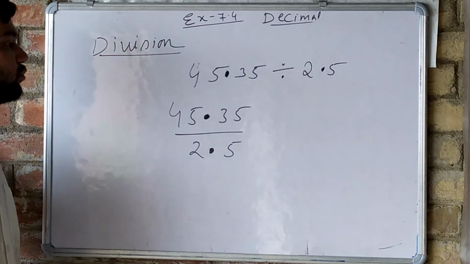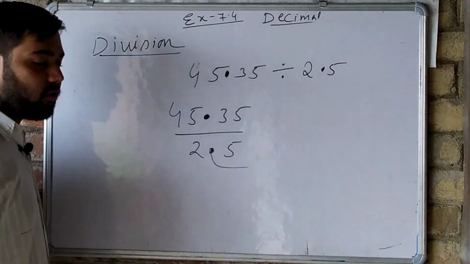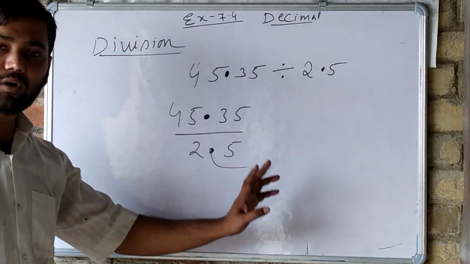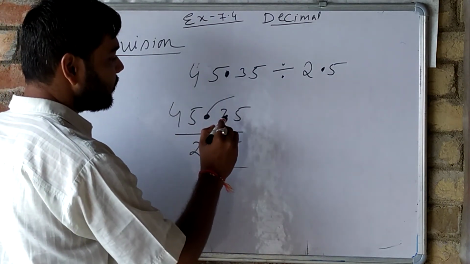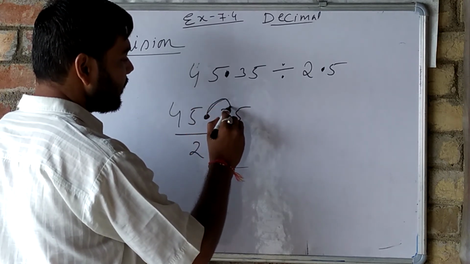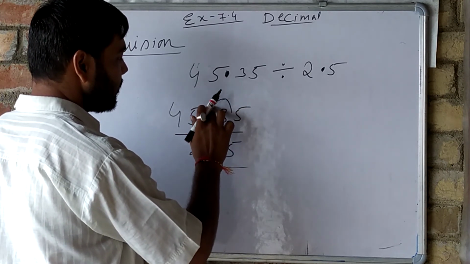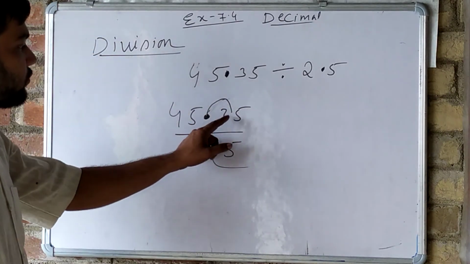So how to do this? We shift this decimal by one place, so here also it will shift by one place. It will lie over here.